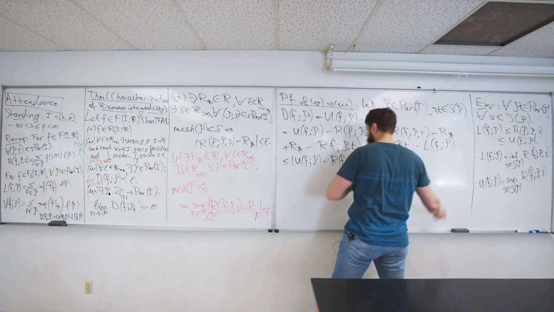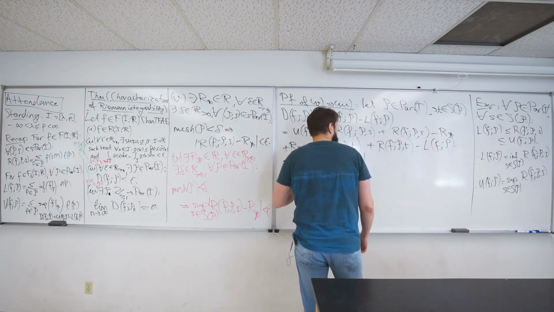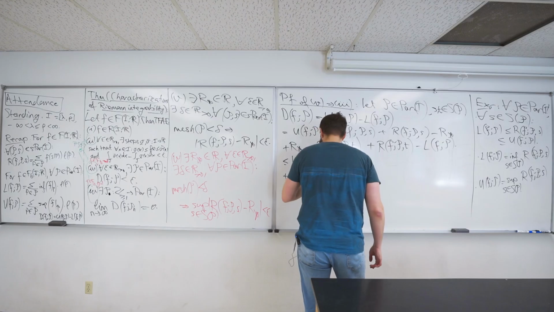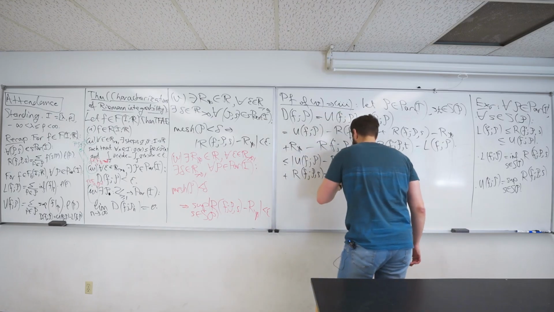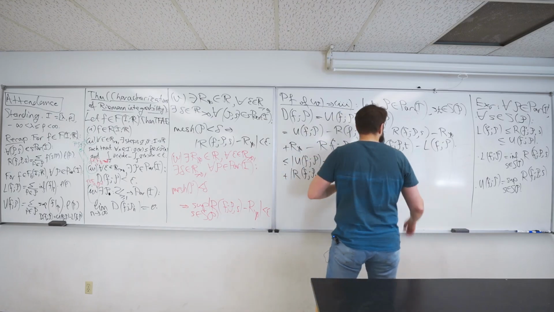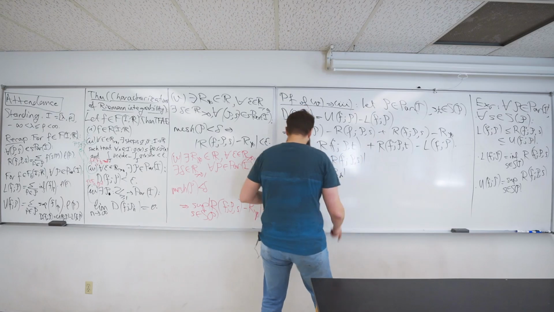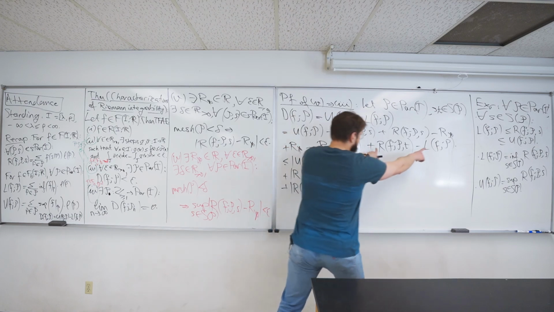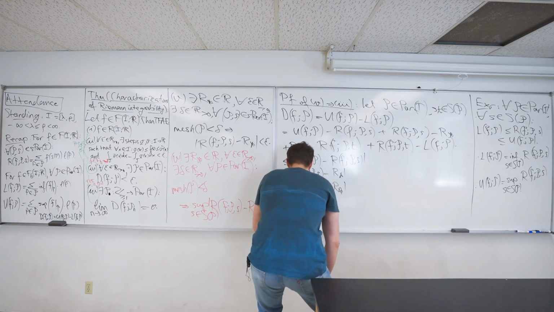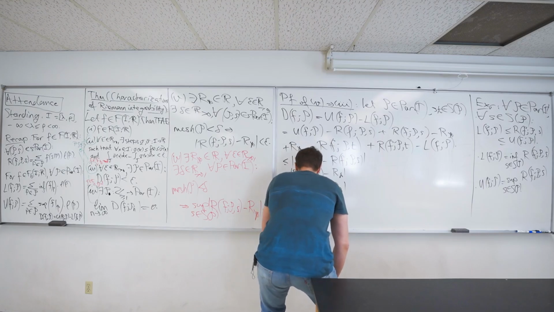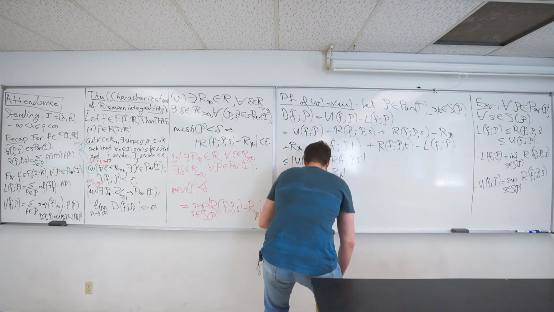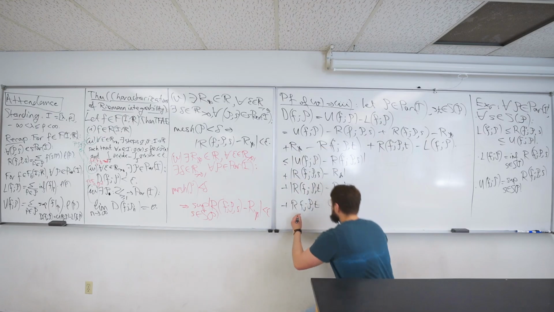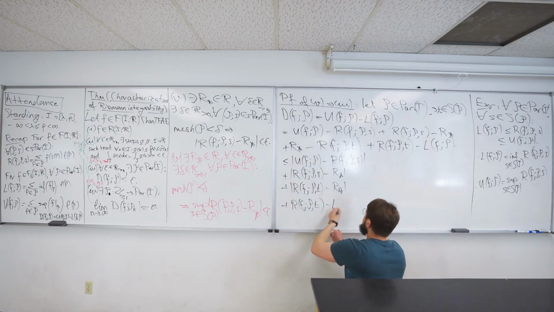Okay, second term. The third term, Riemann sum with T minus R star. Then the last term, minus L.